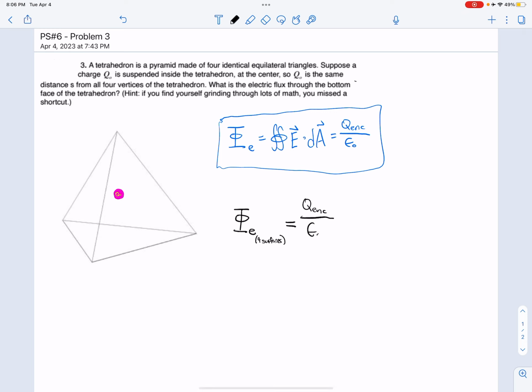As given in our problem, the charge enclosed is Q naught, so this becomes Q naught divided by epsilon naught. Again, this is the total electric flux through all 4 surfaces of the tetrahedron: surface 1, surface 2, surface 3, and then we also have a base, which is surface 4.